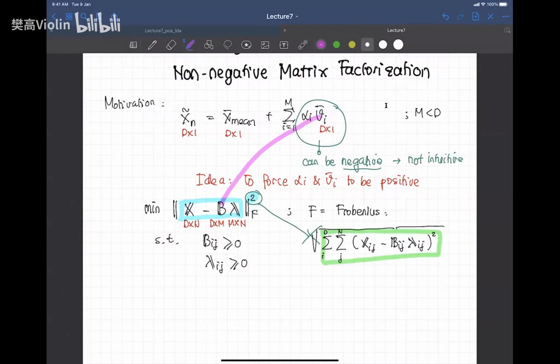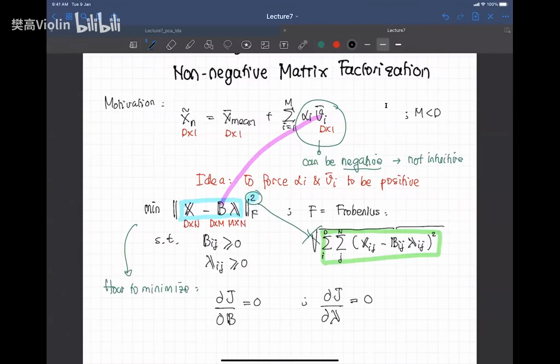Okay, so if there's no question, now the question here is how to solve this, right? How to minimize. Well, to minimize this one, you can have the same idea: you have J as this equation, so dJ divided by dB equals 0, and dJ divided by d lambda equals 0.